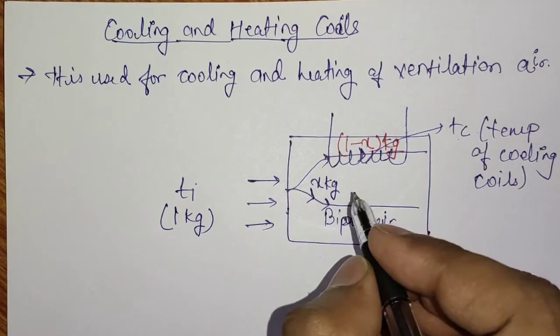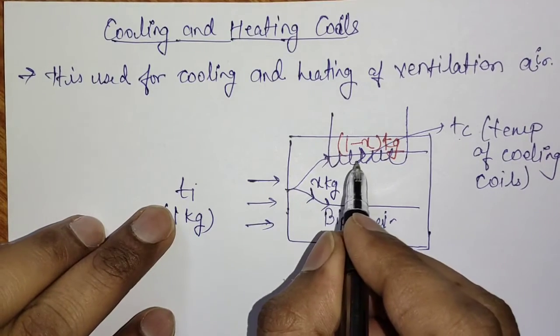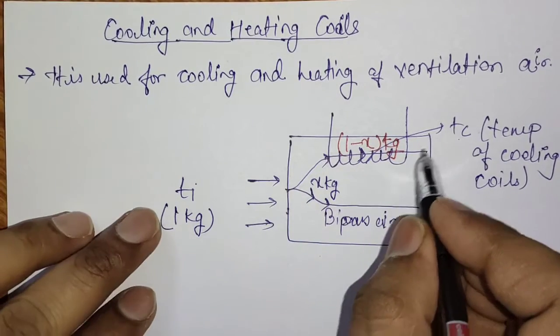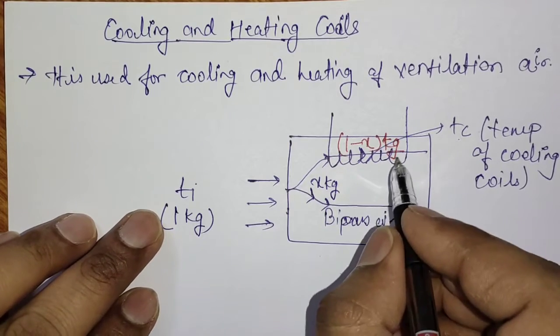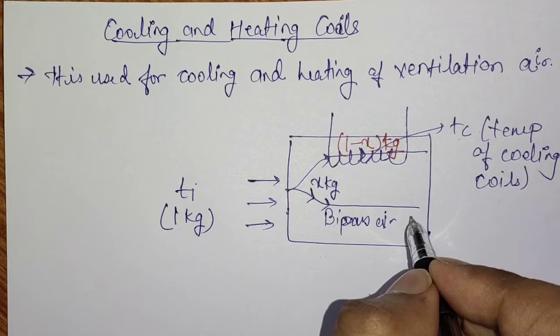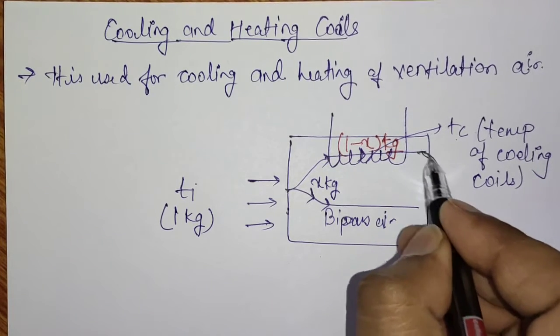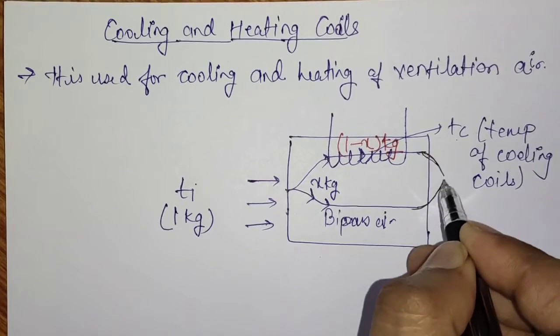When the air flows over the cooling coil, 1 minus x kg of the air will cool down to the temperature Tc, while the remaining x kg of the air will remain at the same temperature. After coming out of the cooler, these airs will mix up again.